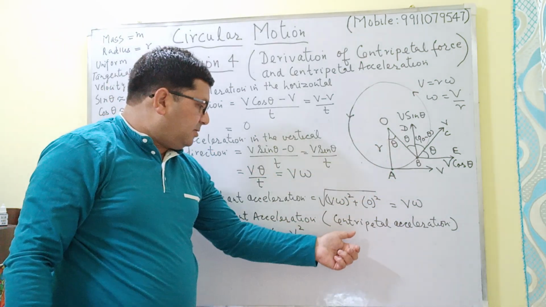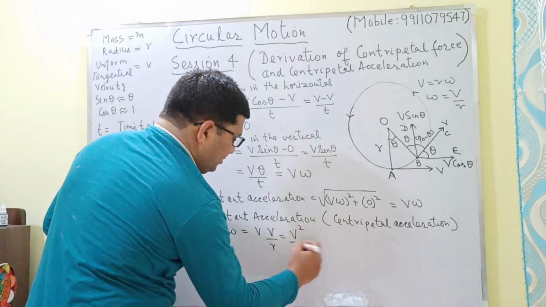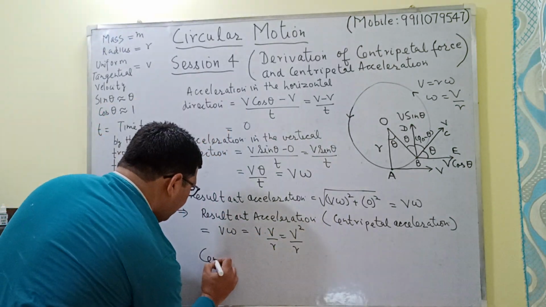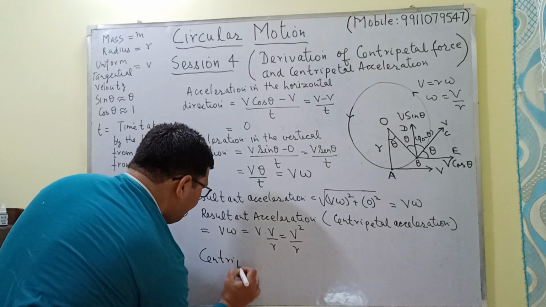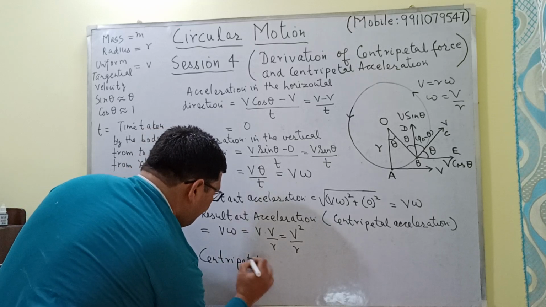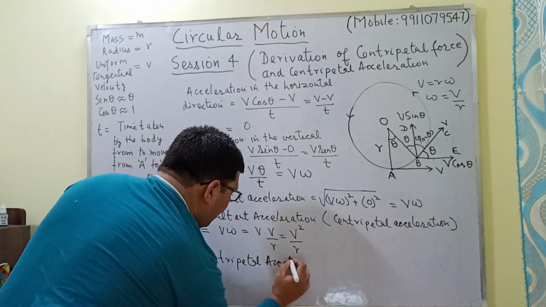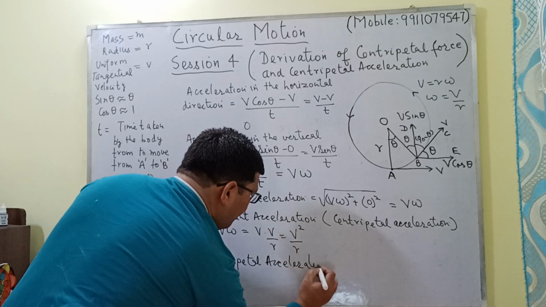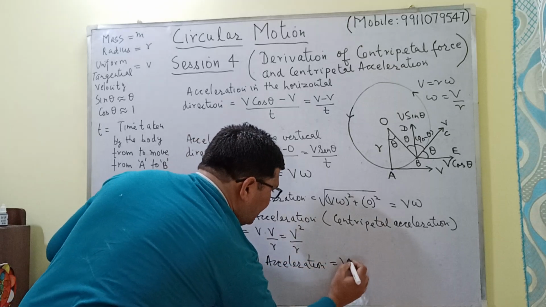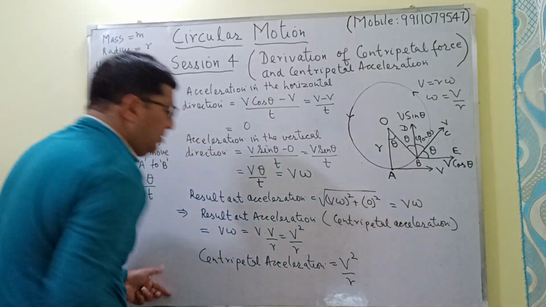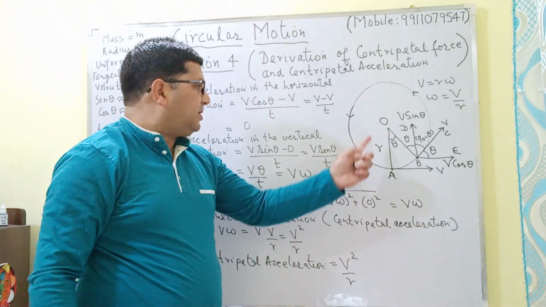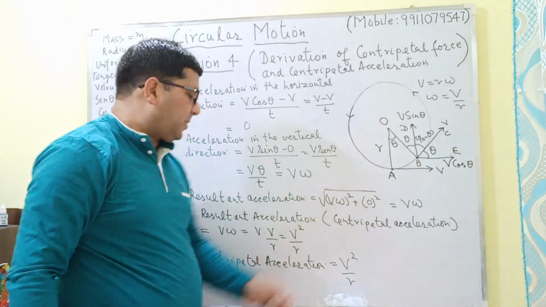That is, this centripetal acceleration is equal to V square upon R, and this acceleration is directed towards the center.